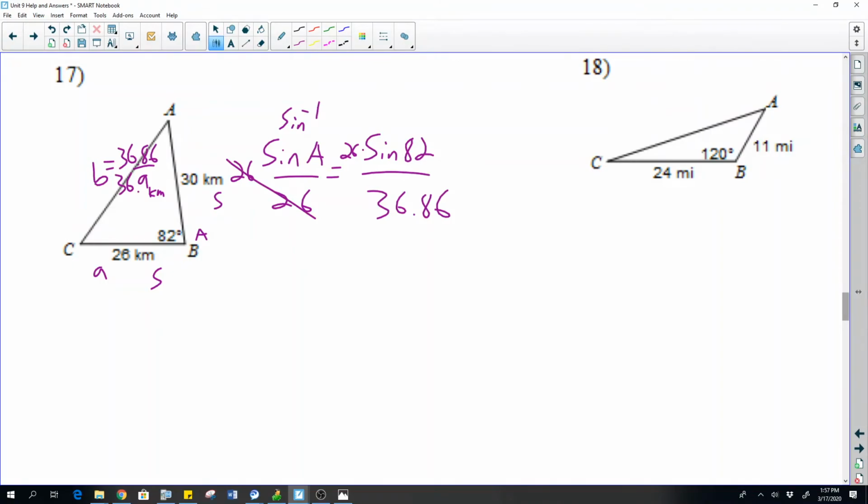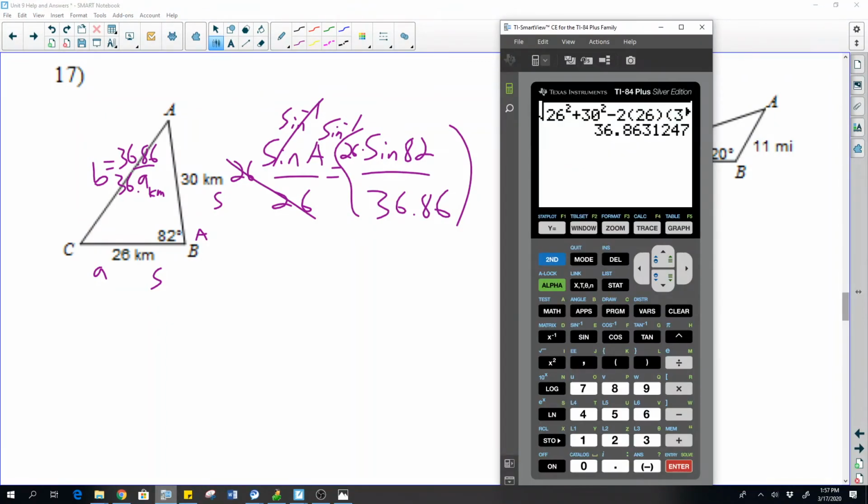If we do inverse sine on one side, we have to do it on the other side. So inverse sine of 26 sine 82 degrees, close parenthesis, divided by 36.86. That gives 44.3 degrees for angle A.